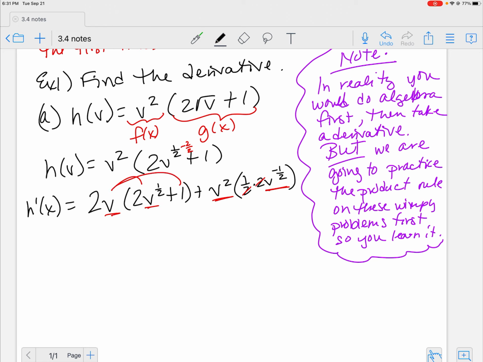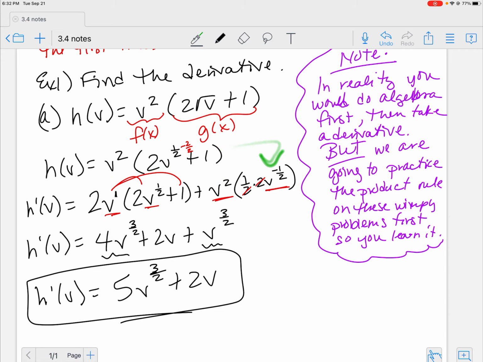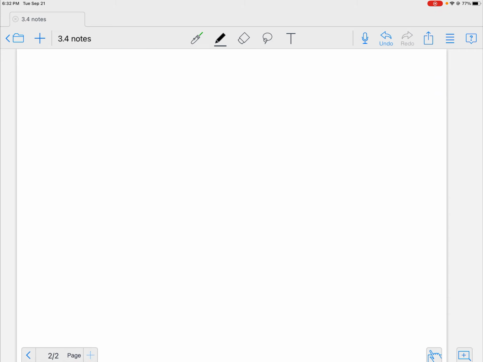So h prime of v is 5v to the 3/2 plus 2v. Calculus is easy, right? The algebra is what gets ya. So pay attention to that algebra. The calculus is just this process. Get this process down, and then you can move on. So when you see two things that are multiplied, the derivative of the first times the second plus the first times the derivative of the second. All right? Okay.